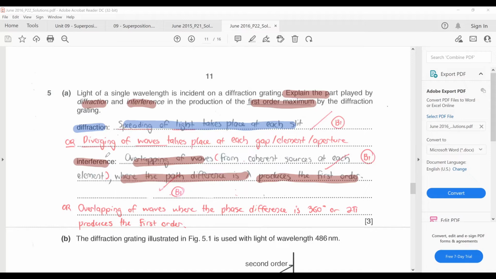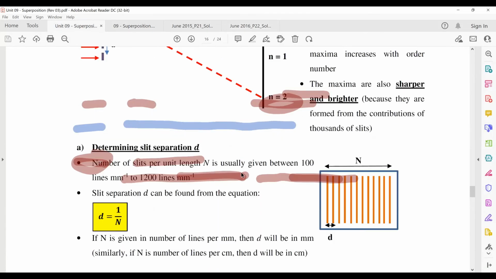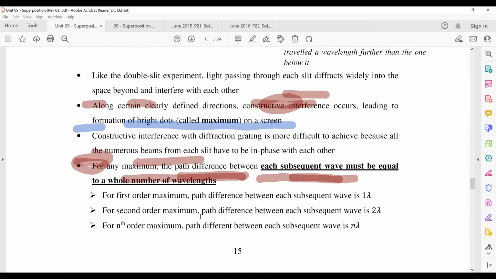How did the interference produce the first order maximum here? You say something about the waves overlap with path difference of lambda to produce the first order. This one was briefly explained last week when I mentioned to you, under page 15, if I'm not mistaken.